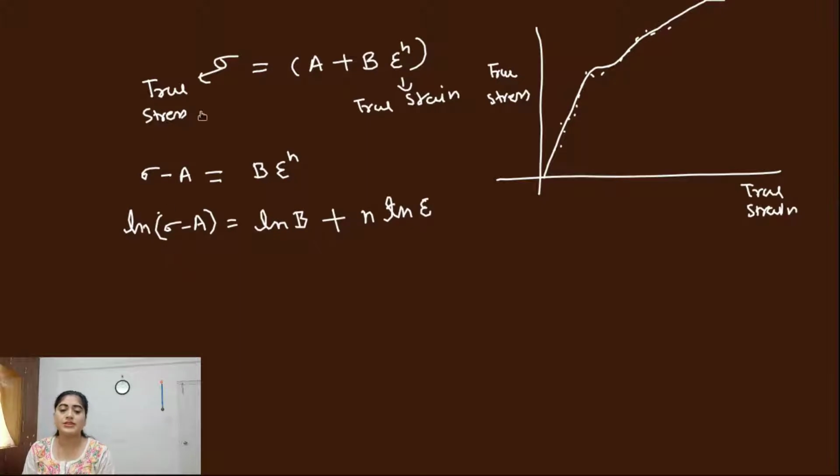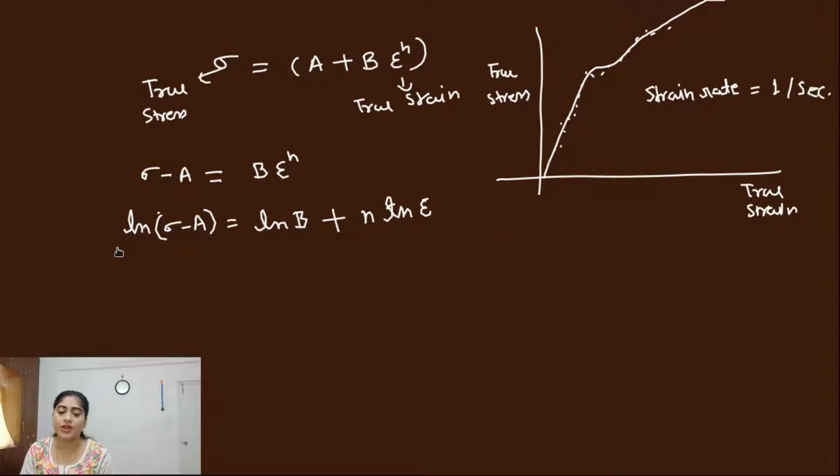This true stress and true strain we find through the quasi-static process by using the UTM machine. Suppose your strain rate at this time is very low, say equal to 1 per second. Okay, like that we are taking.